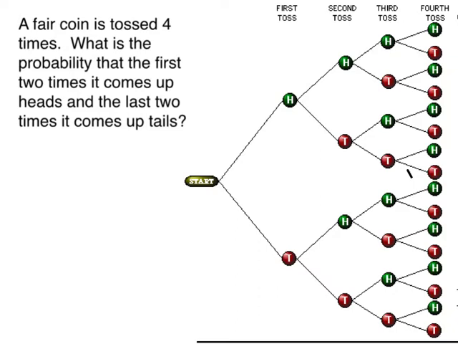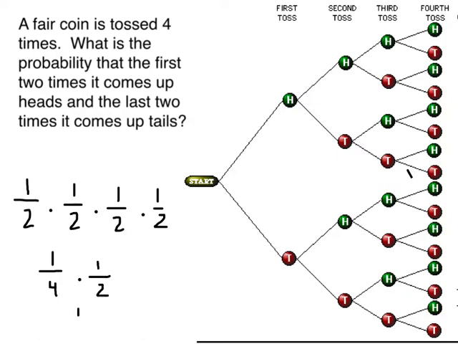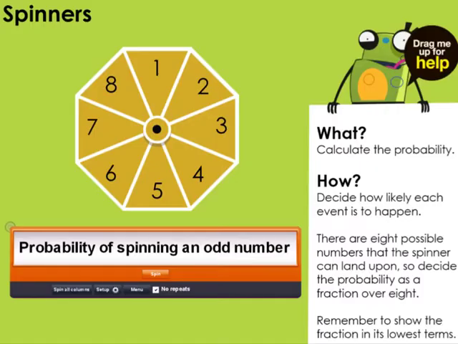So if you toss it 4 times, you would simply say 1 over 2 times 1 over 2 times 1 over 2 times 1 over 2. 1 over 2 times 1 over 2 is 1/4, times 1/2 is 1/8, and 1/8 times 1/2 equals 1/16, and thus the 16 different outcomes over here.